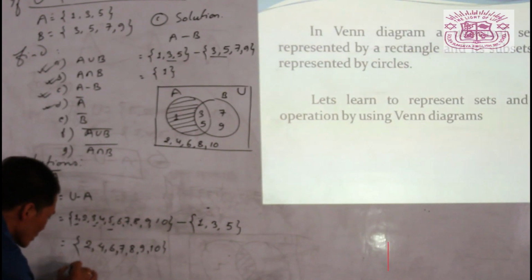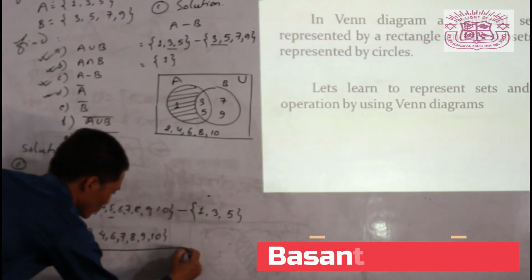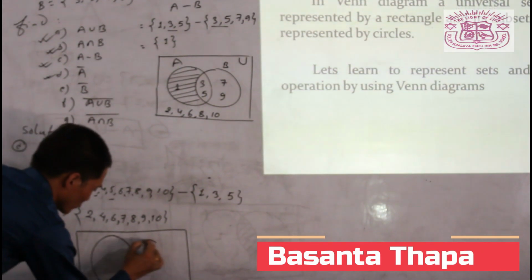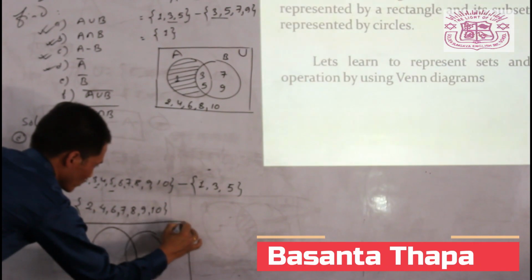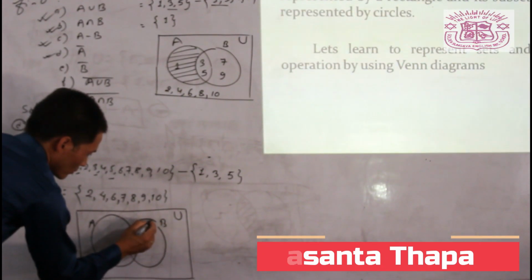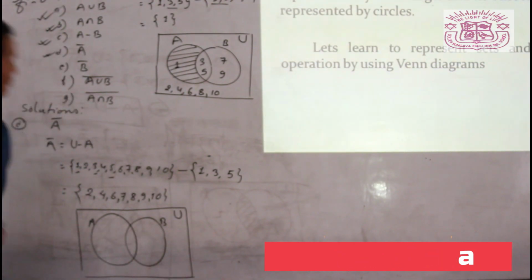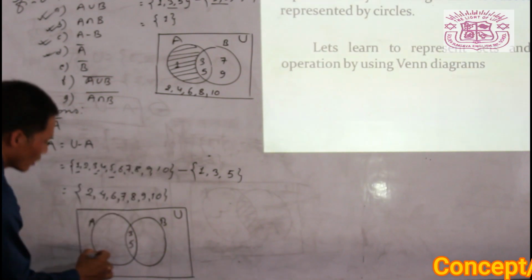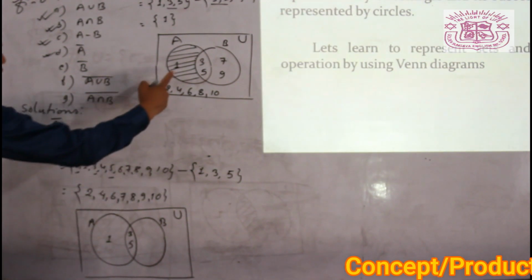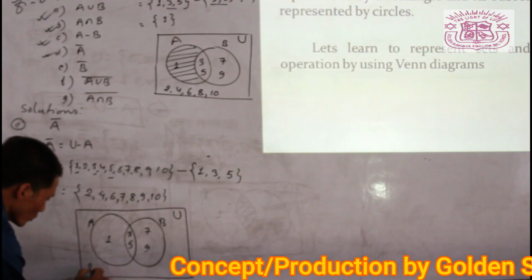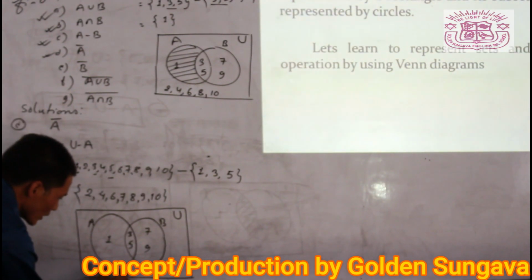Let's show it in a Venn diagram: 3, 5, 1, 7, 9, 2, 4, 6, 8, 10.